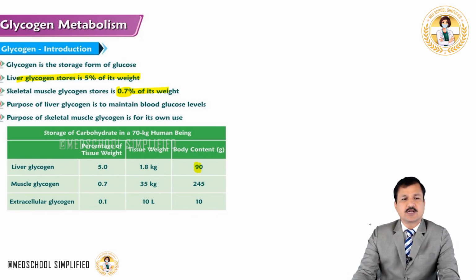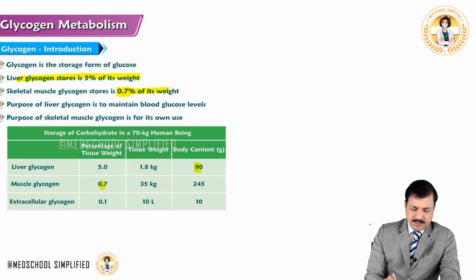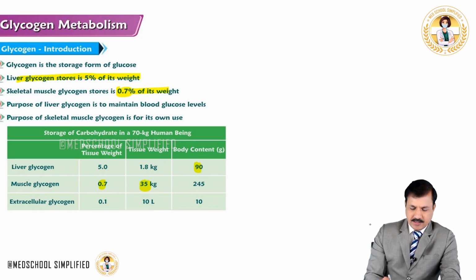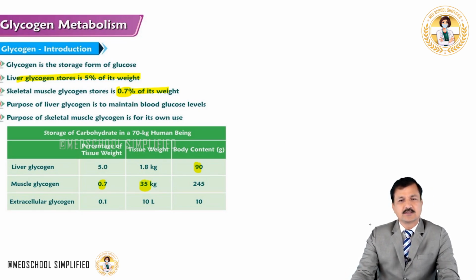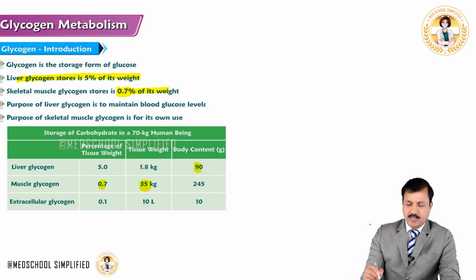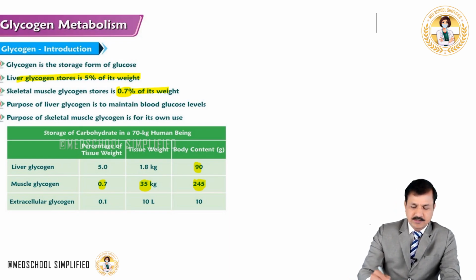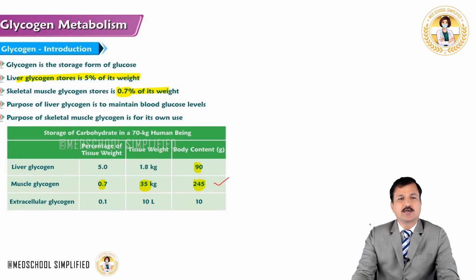Whereas look at the muscle glycogen. Although the percentage of glycogen in the muscle is only 0.7% of its weight, the weight of skeletal muscle in a 70 kg man is 35 kgs. Accordingly, the body content of glycogen in skeletal muscle is 245 grams. That means skeletal muscle contains a much higher quantity of glycogen compared to the liver.